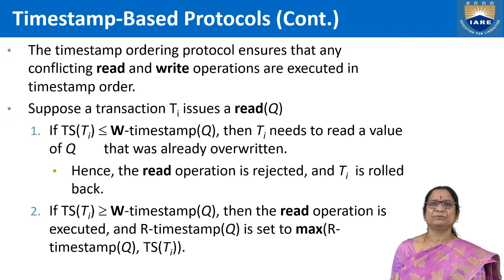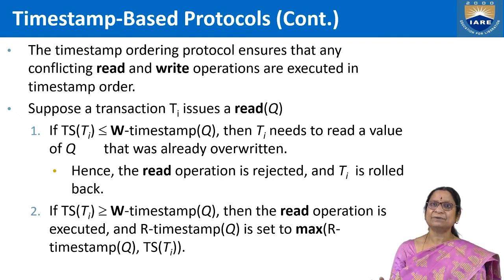So how is this going to be considered? Let us assume that a transaction TI issues a read(Q). When is the read going to be acceptable? Each object is associated with one read timestamp as well as one write timestamp.